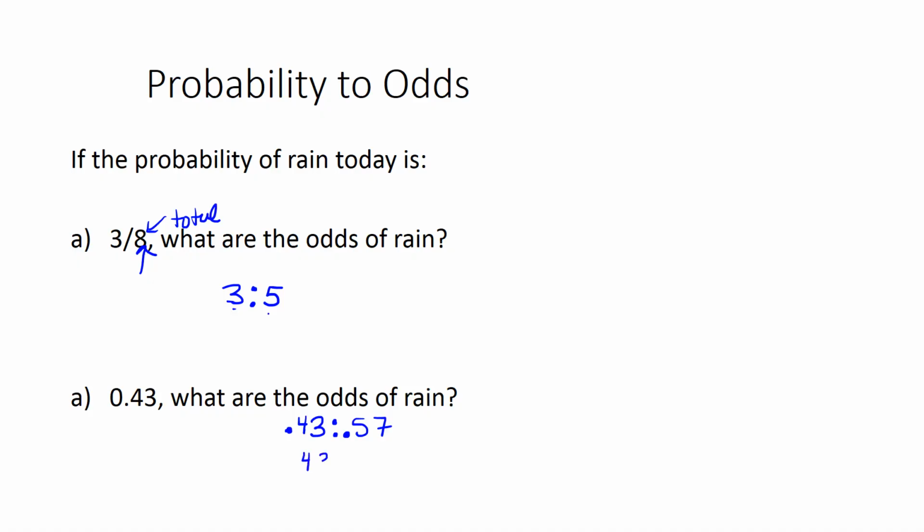And then I wouldn't give decimals, 43 to 57. And those, of course, are reduced. Which is what you would think of when you think of 0.43. It's 43% it does rain, and 57% it doesn't rain.